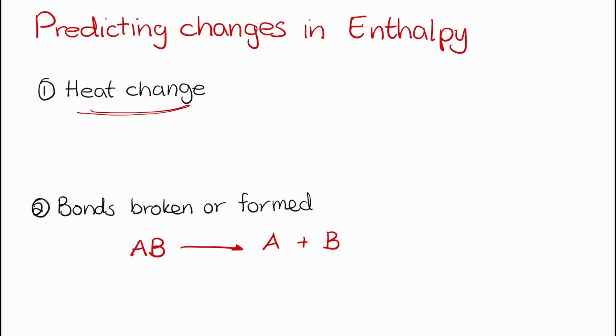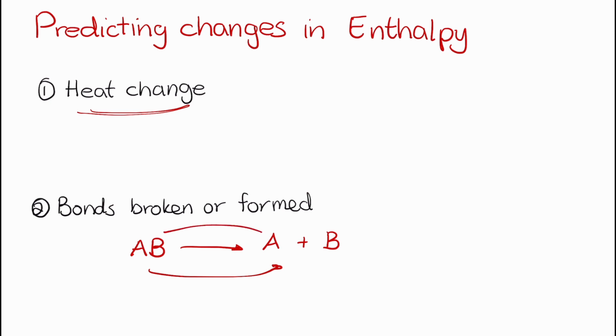One of the other ways that we can also predict enthalpy is looking at whether there's bond formation or bonds being broken. Now this actually correlates to Hess's law, but I'll cover that in a later video. But for now, all you need to know is that when bonds are destroyed, or when bonds are broken, it's an endothermic process, meaning that the enthalpy of that system is increasing.